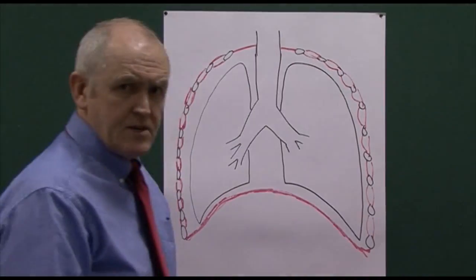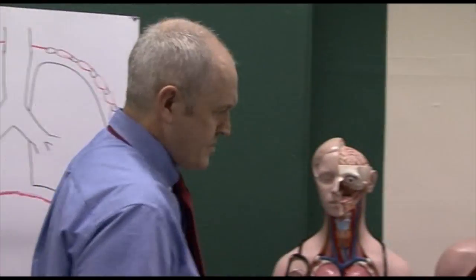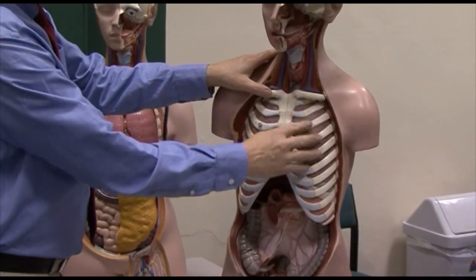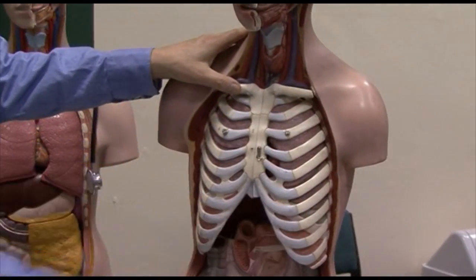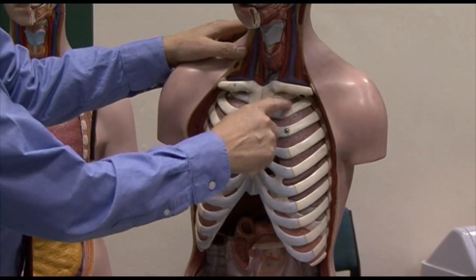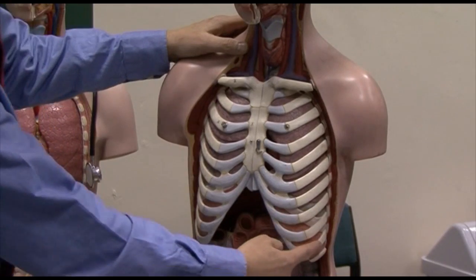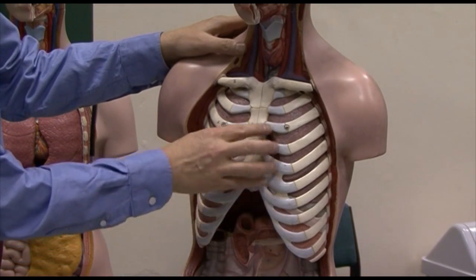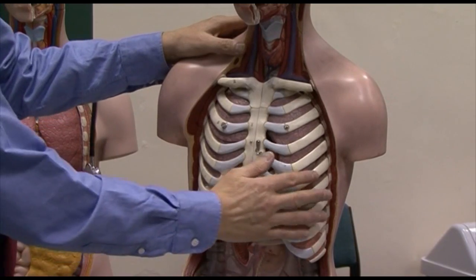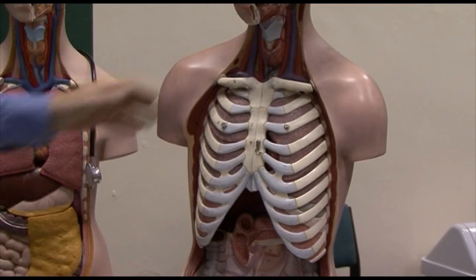In fact, we'll just look at these on the models now just to help our understanding. So on this model here, we can see the clavicles and we can see the ribs. The ribs are counted from the top, 1, 2, 3, 4, 5, 6, 7, 8, 9, 10. And as we see, the blue on this model is the costal cartilage that's connecting the ribs to the sternum in the middle.